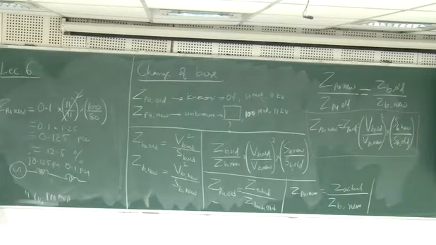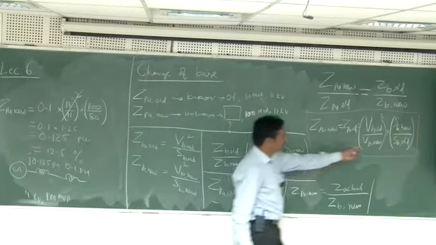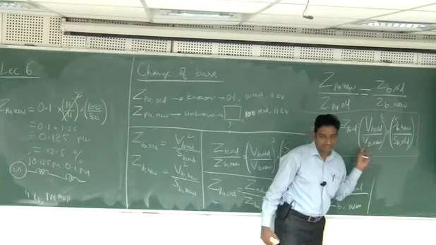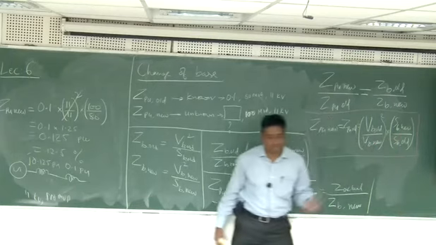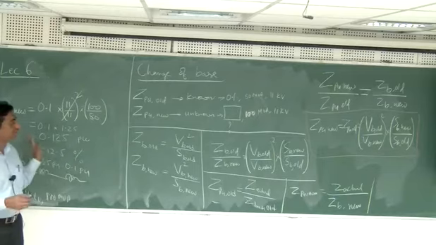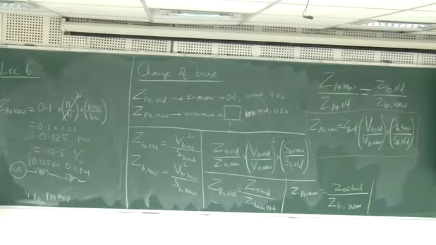For doing the change of base, the right hand side, everything you should know. You should know what is my old voltage and new voltage base, and the old S base and new S base, and so on. You're not worried about deriving all these things in the exam.